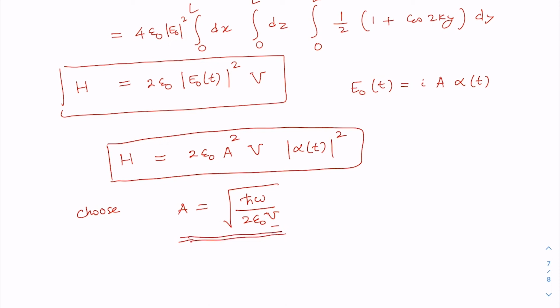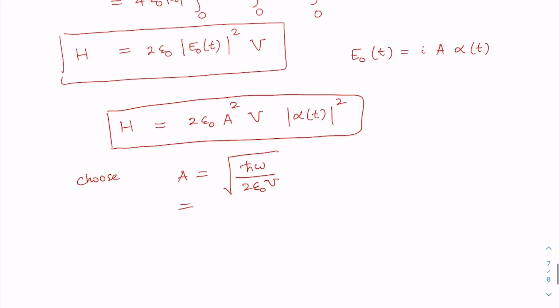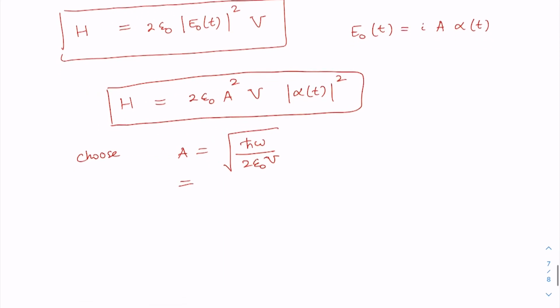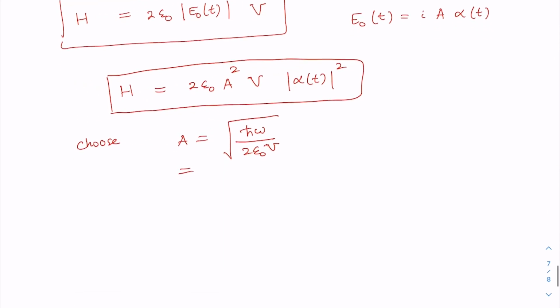Okay, this is the meaning of this amplitude. Let me repeat again, this is the amplitude of the field that has energy h cross omega in the volume of quantization V. This clever choice of the constant makes the quantization procedure simpler, as we will see now. With this choice of constant A, we can immediately write this Hamiltonian as h cross omega mod alpha t square.